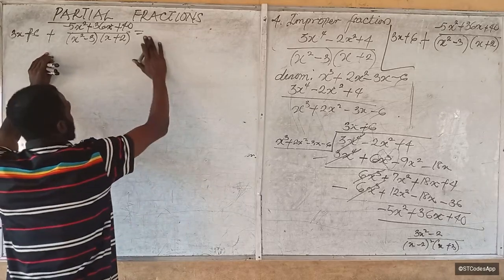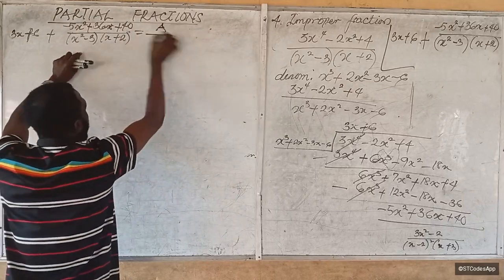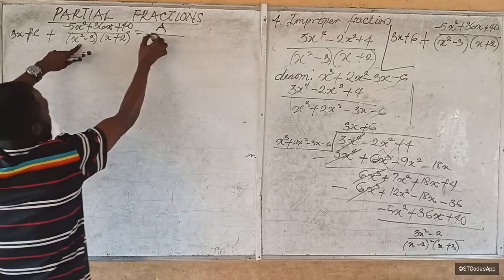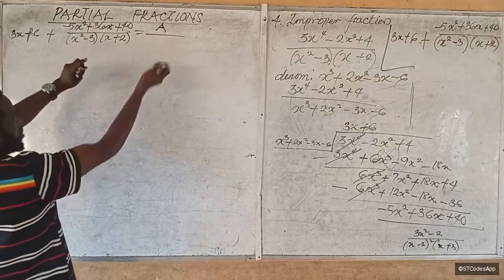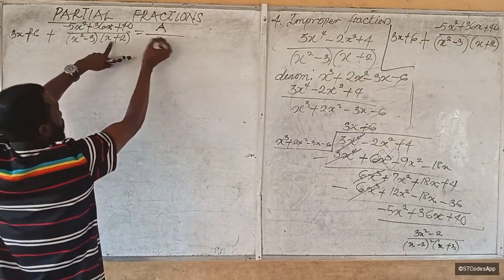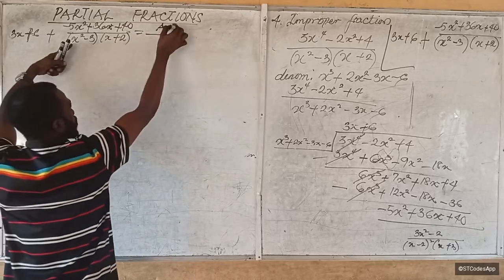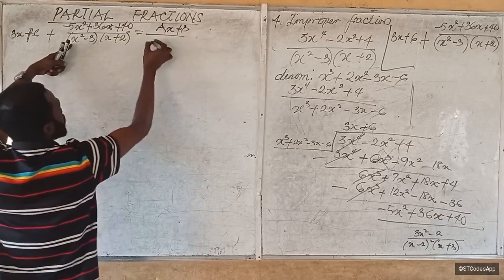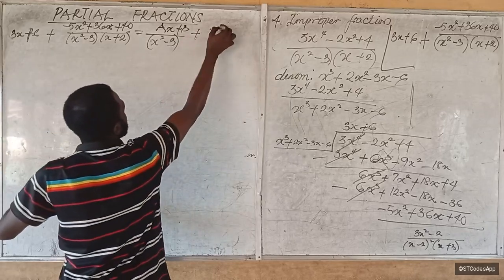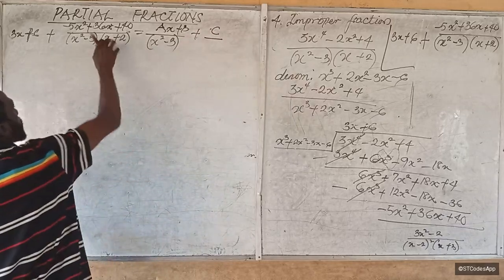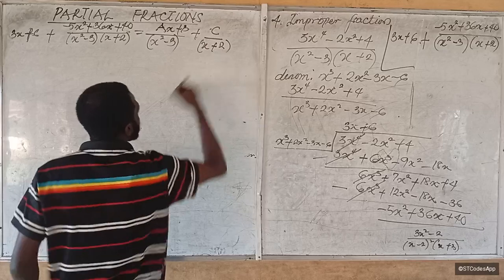So here you can say that this expression here is going to be a over, this is our first term here. Or we can just flip it so that it will be a over x plus 2. But so that it will not confuse you, since this is a quadratic term, we just follow ax plus b over x squared minus 3, then plus c over x plus 2.